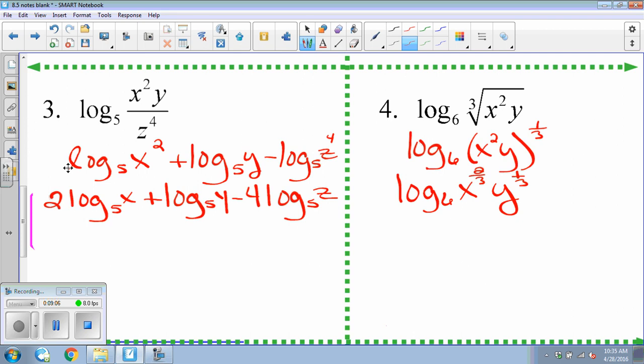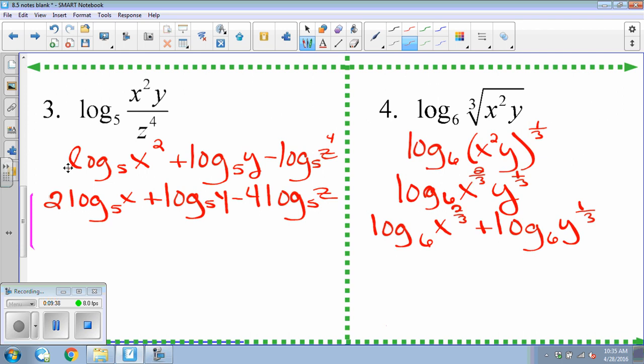The last thing you're going to do is move those exponents out in front. Let's separate them first. How do they get separated? Addition. So log base 6 of x to the 2/3 plus log base 6 of y to the 1/3.